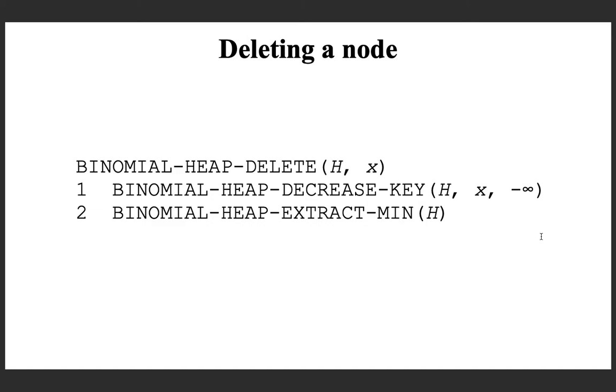And after that, you already have a procedure for extracting the min, and you do that, and then you will be extracting x. So you can do this, and you can see that the complexity is log n, because the complexity of the first operation is found as log n, and also for the second operation it is log n.